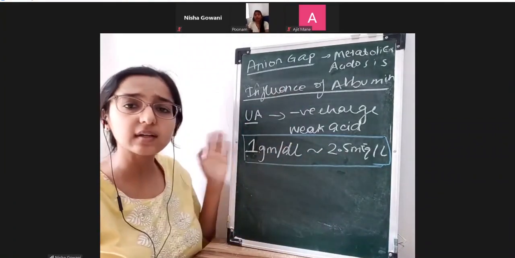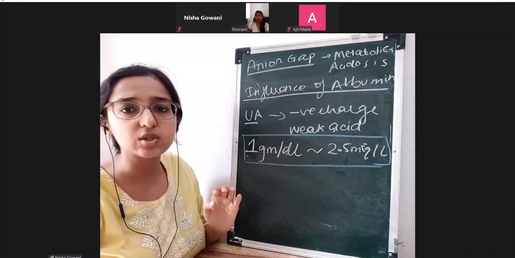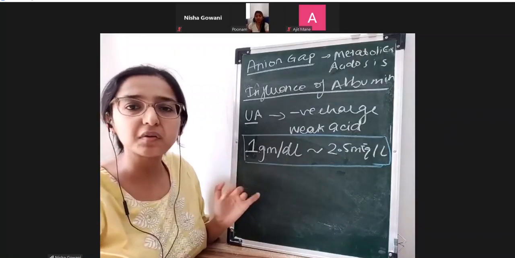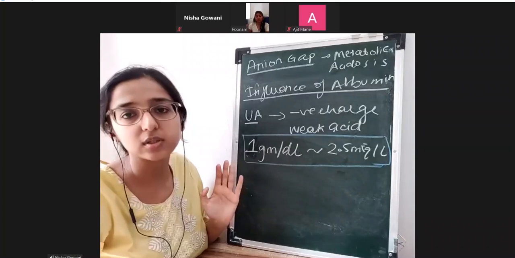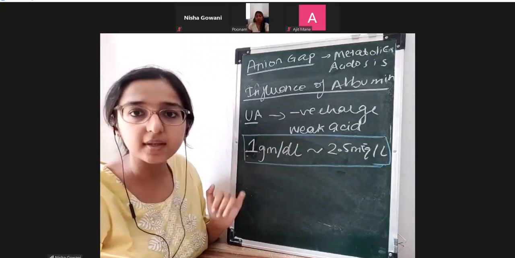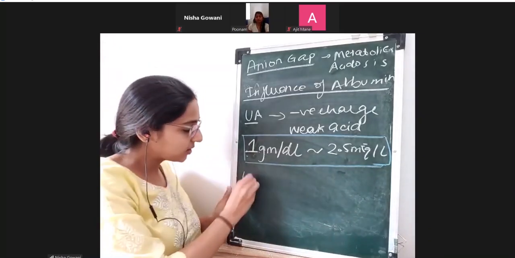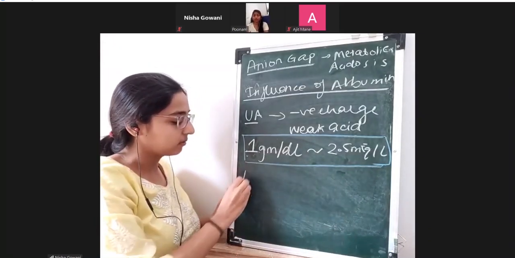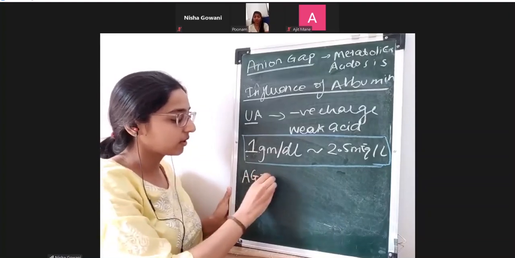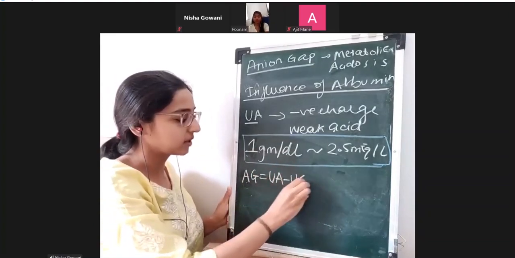Now, whenever you see patients in ICU, they will not have normal albumin, right? 90% or more of ICU patients are having hypoalbuminemia. They are having some kind of protein loss. So when I am measuring the anion gap, the AG, which is what? Unmeasured anion minus unmeasured cation.